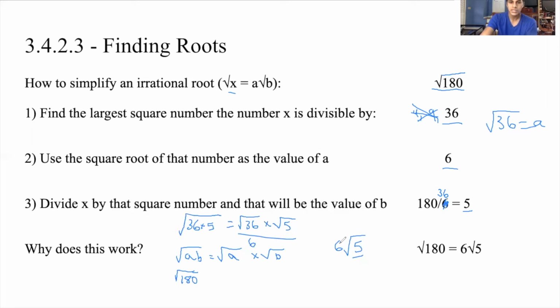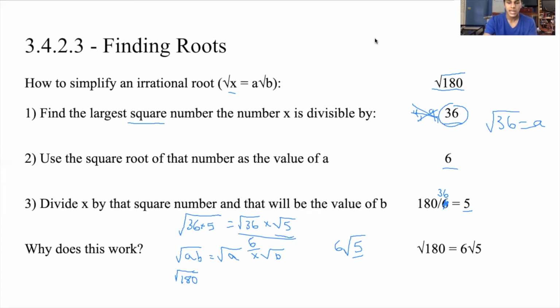This is why, when you find the largest square number, it has to be a square number, because you're using it to find the square root of that number as a whole number. In this case, we found it to be 6. And then you're using the remainder when you divide as the number you're keeping inside the square root, because you want to simplify that number inside the square root as small as possible. So this is exactly how you do it.